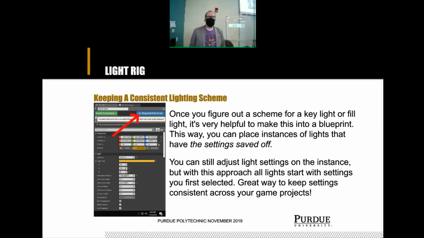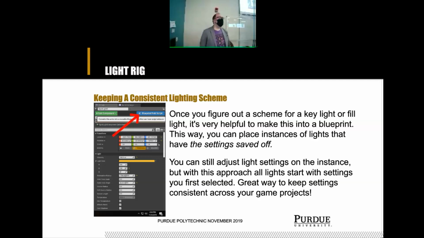All right, so the thing I'm really trying to encourage you to do here is to be consistent with your lighting scheme. And Unreal allows you to do that because you can make blueprints out of your lights. And that's really helpful because then you have kind of these saved off parameters that you always have. So if you have a point light that you're using as a fill, and you really like its color and the amount of light intensity it has, and the radius and all the other settings, you can make a blueprint out of that.